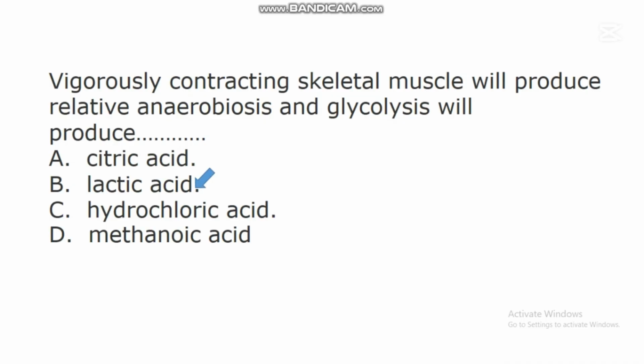This lactic acid will accumulate in the muscle and cause what we call cramp. So the cramp is the pain felt within the muscle as a result of this glycolysis taking place in the muscle. So the product of anaerobic glycolysis occurring in the muscle cell is this lactic acid.